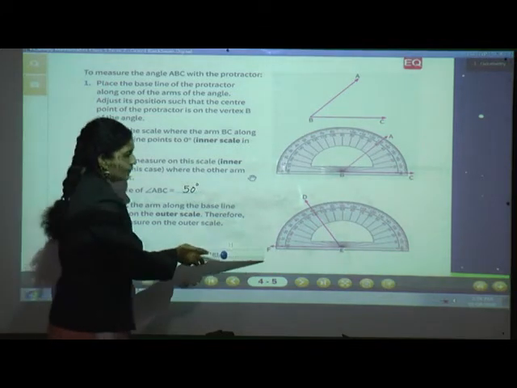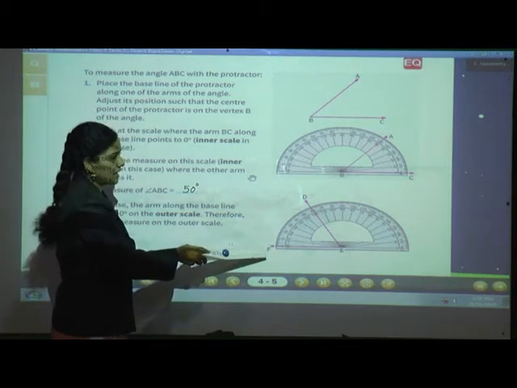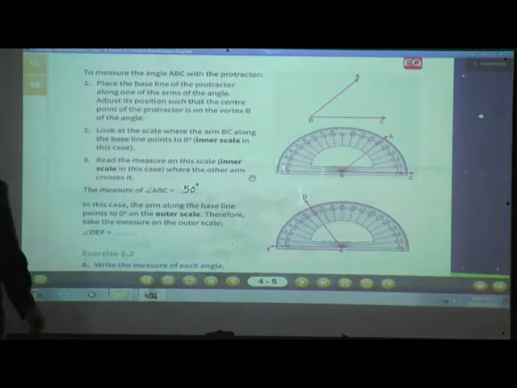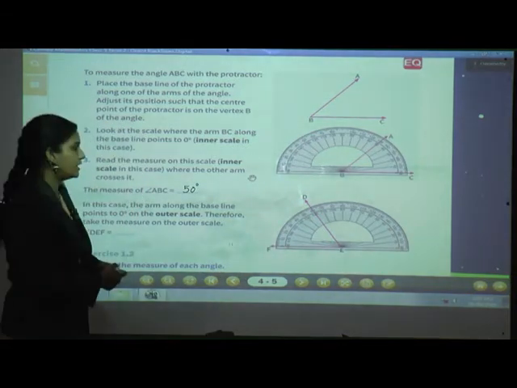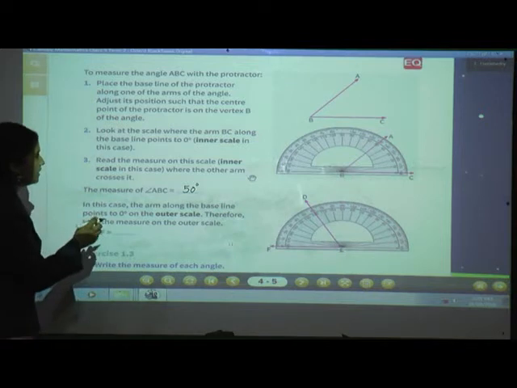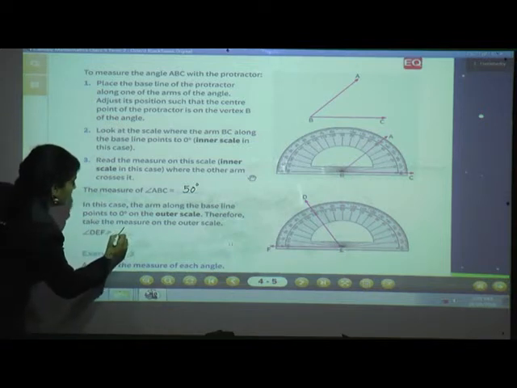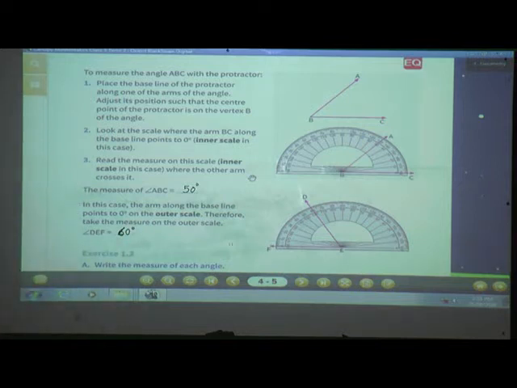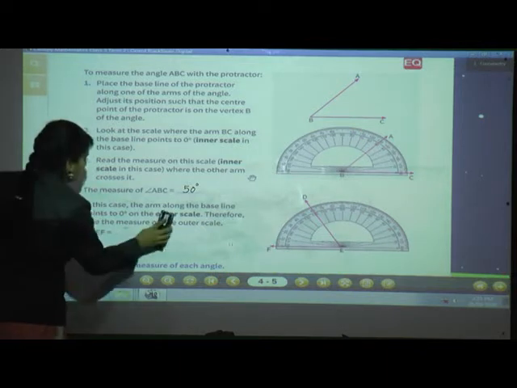See, the arm is on the left side, so that's why we have to take the measurement by the outer scale. So what is the measurement of angle DEF? The angle DEF is 60 degree. Now we will solve exercise 1.3.